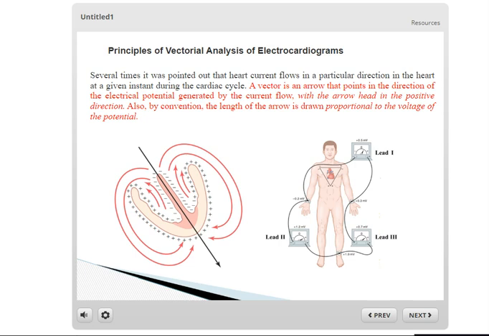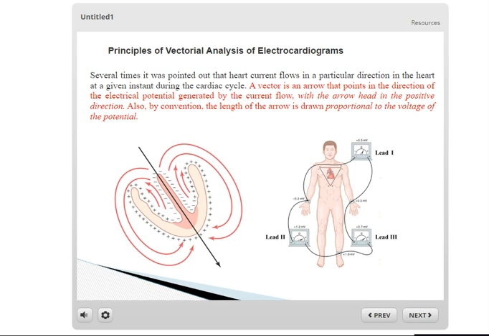In ventricular systole, the depolarization of the ventricles produces a vector directed toward the apex of the heart and then back toward the base. In diastole, the heart relaxes and the vector returns to baseline as the heart prepares for the next cycle.